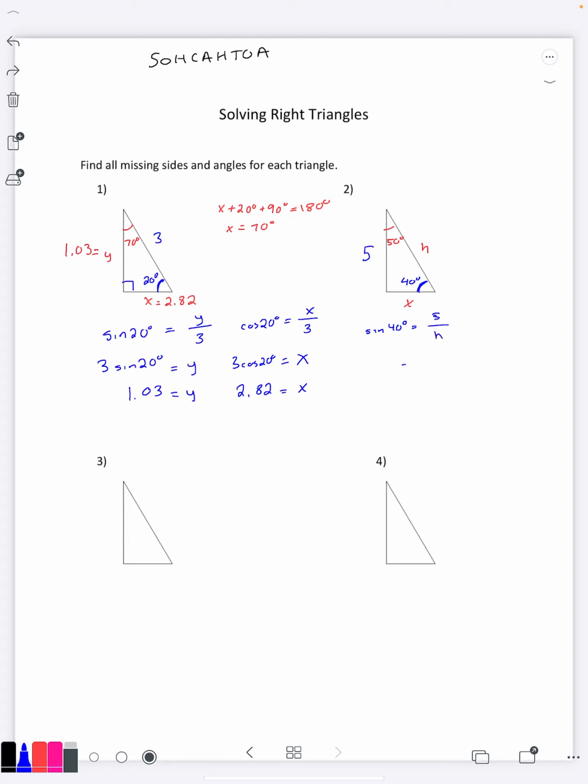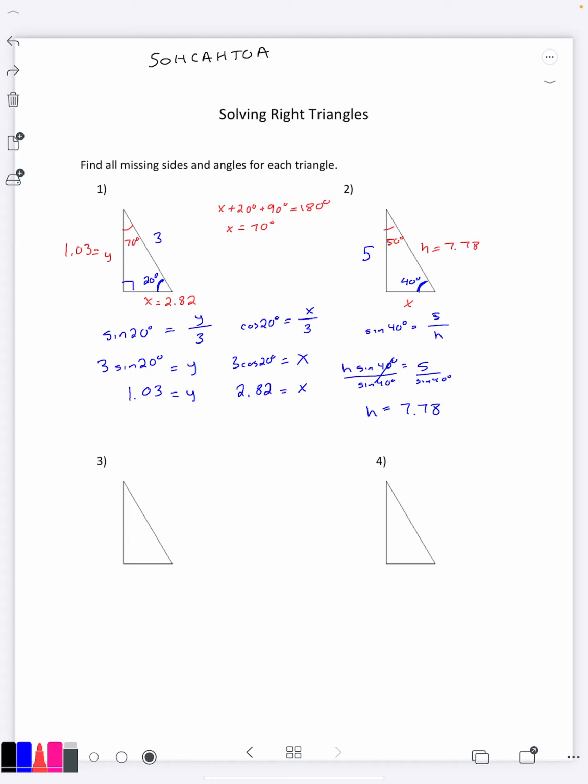Now when I multiply by h to clear the fraction, I have 5 equals h times sine 40 degrees. And then I will divide both sides by sine of 40 degrees. And I get a hypotenuse of 5 divided by sine of 40. I get a hypotenuse of 7.78. So we now know that value.